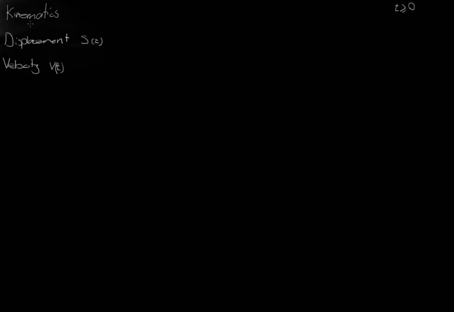When we've been going through calculus, isn't rate of change of an object just its derivative? Well, it is. So what we can actually say is that velocity is just equal to the derivative of displacement.